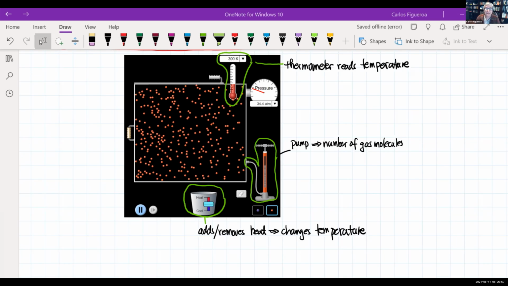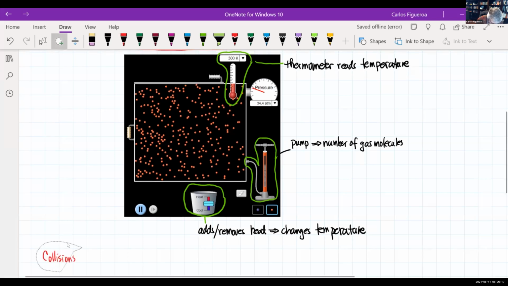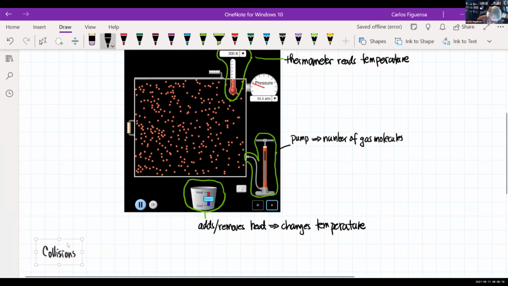So when I say collisions, what do I really mean by collisions? When I say the word collisions, we got to be really, really careful.